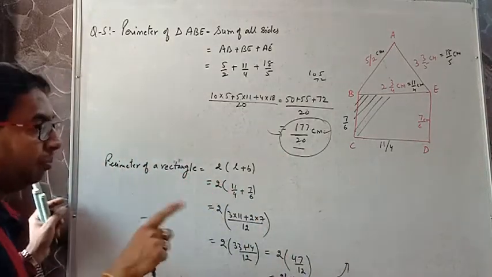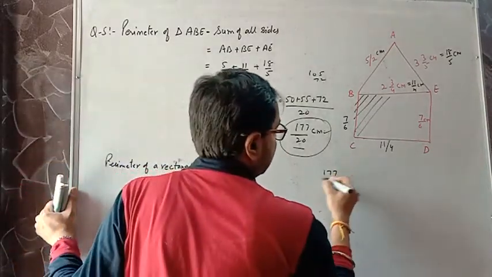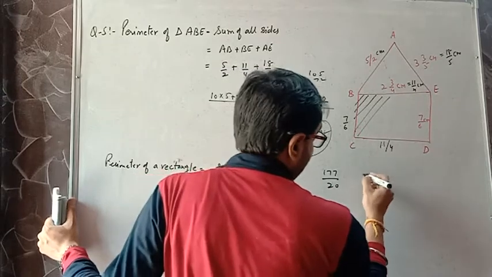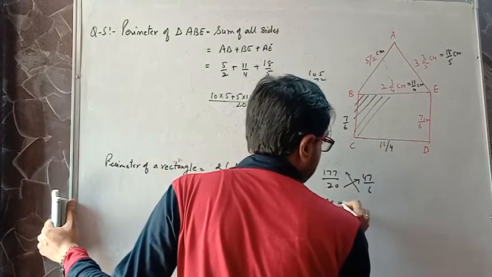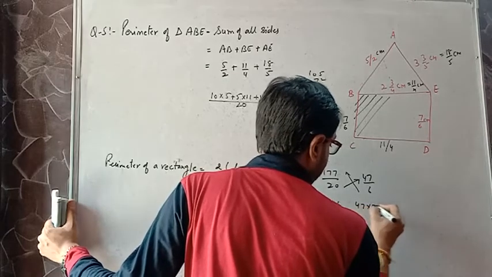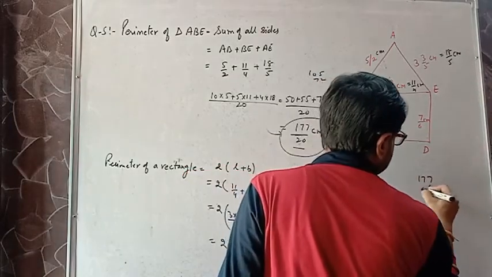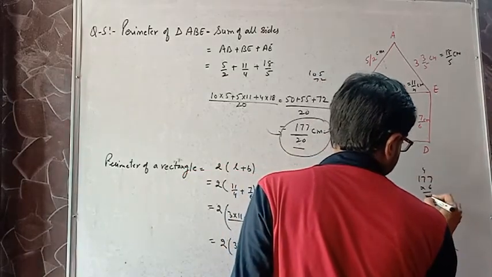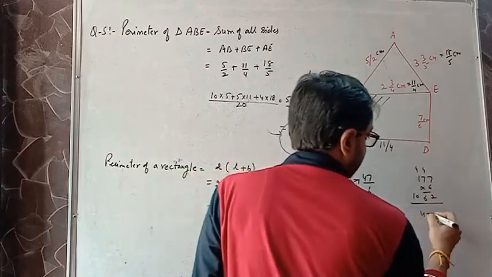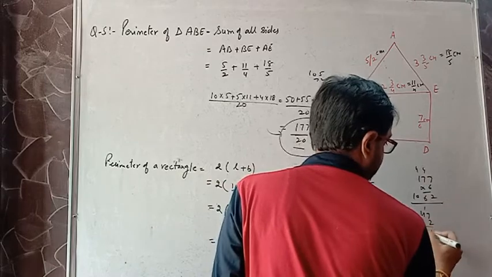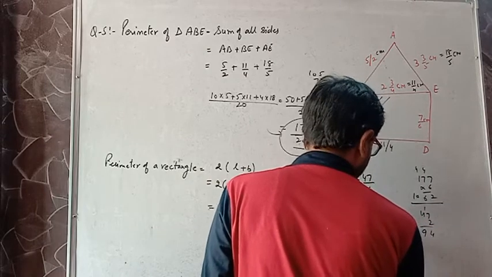If we have to compare, I can show you 177 upon 20, 47 upon 6, compare them. 177 into 6, 47 into 20. 177 into 6 is 1062, 47 into 20 is 940.